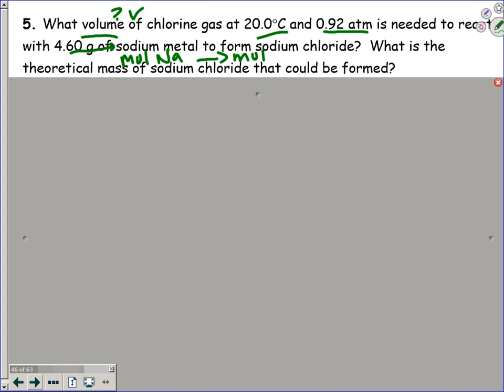So let's go ahead and find that reaction. Notice it says sodium metal to form sodium chloride from chlorine gas. All right, so what's the product? Sodium chloride, NaCl, okay? From what two reactants? Na and chlorine, Cl2, so then I need a 1, 2, 2, yeah, okay.